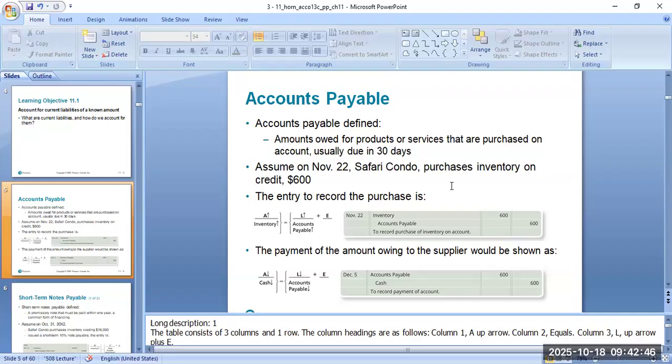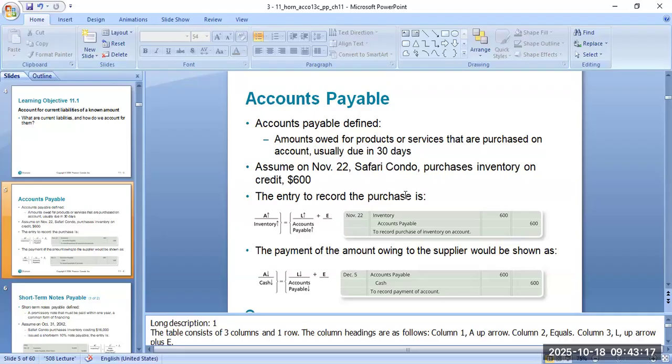Then we're going to get the inventory and we're going to show the liability for the inventory that we just purchased. So that will be debit inventory, credit accounts payable. Once we pay the supplier for the inventory that we purchased, then we have to reduce the cash in our company and close the accounts payable. So that will be debit accounts payable, credit cash.